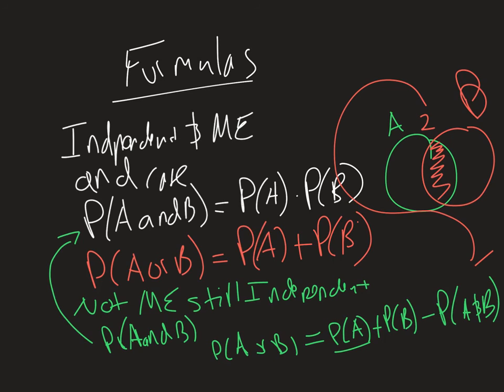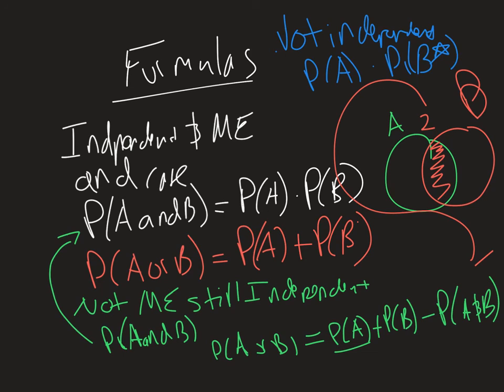And the last part, if we're talking about things that are not independent, we have to weigh how one would affect the other. So if two events are not independent of each other, I have to do the probability of A times the probability of B, and I'm going to put a star on that because we have to think about kind of a new norm once A is done.